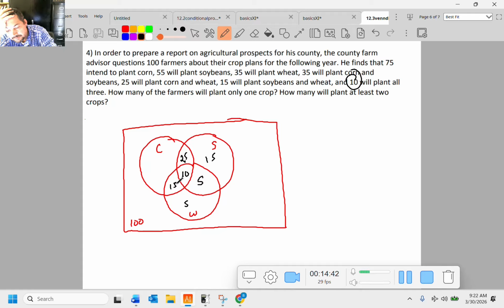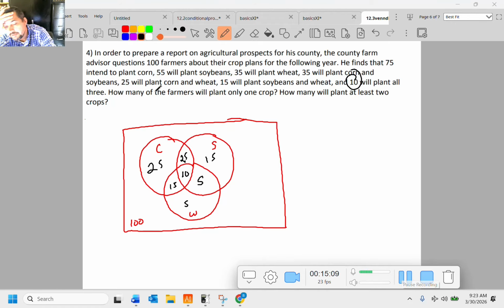So I've got 50 here, 25 there. Now, if I'm right, all these numbers add to 100. So that's the one thing I'm going to check here. 25 and 25 is 50, 60. This makes 70. That makes 80. Why am I off? There's 100 in there. I just couldn't add.